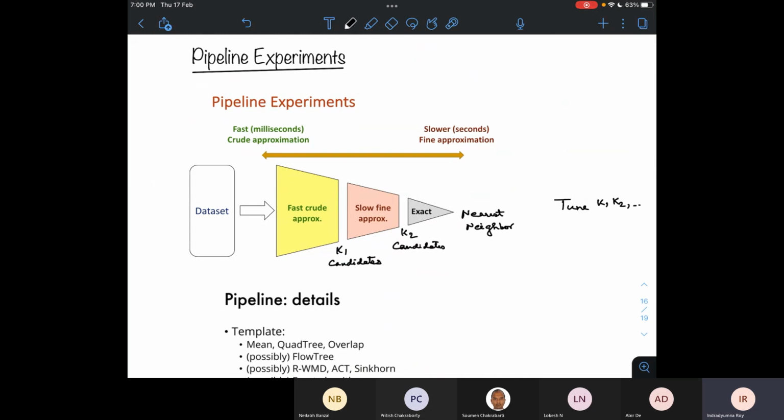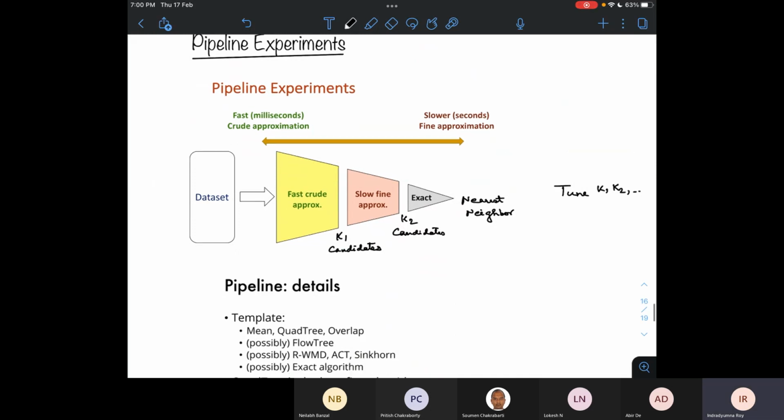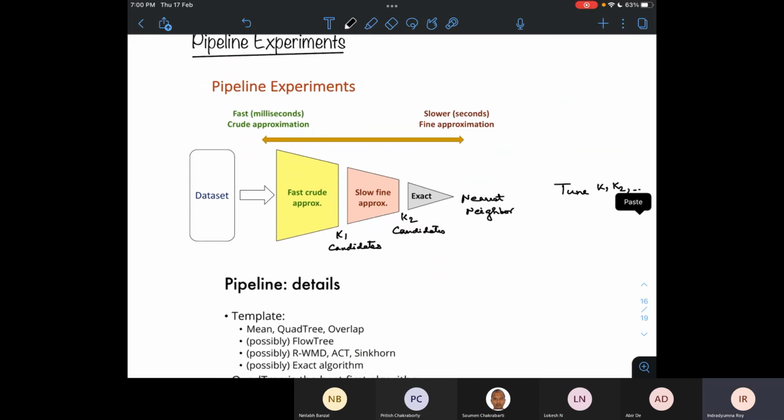And therefore you have this sort of hierarchy. So if you have K1 candidates from this first level, and then you filter them down to K2 candidates, and at the last level, you have the exact Wasserstein computation model to get the true nearest neighbor. And the usual setup is to tune these values of K1 and K2 so that this overall pipeline takes as less time as possible.